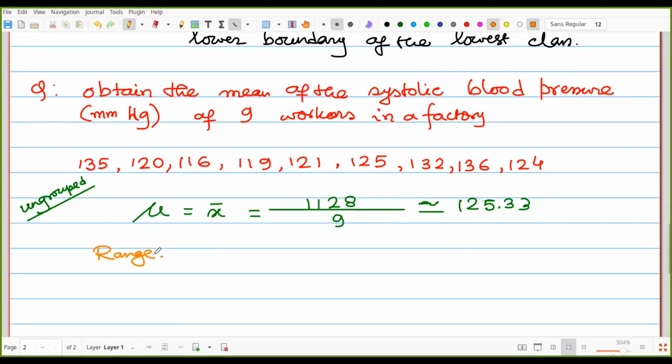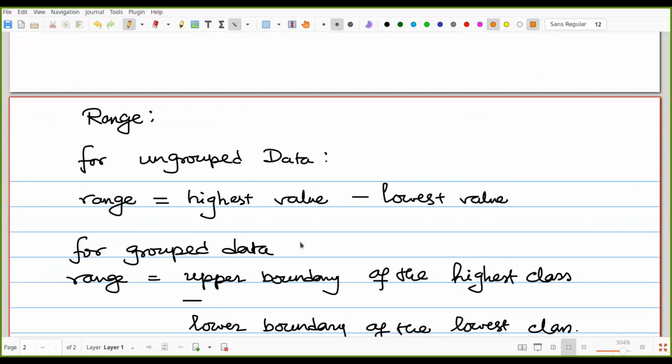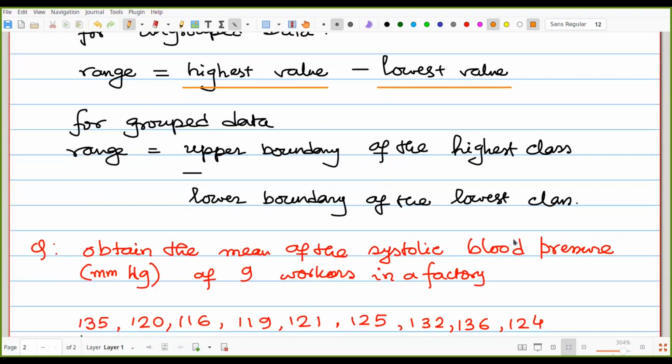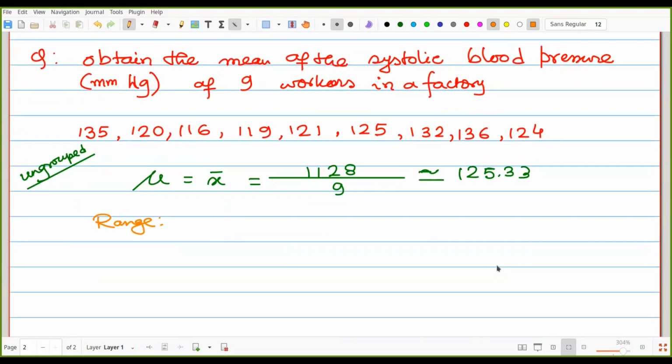For ungrouped data, check the formula: highest value minus lowest value. Simply, we have to find which one is the lowest value. The lowest value here is 116, and our highest value is 136.